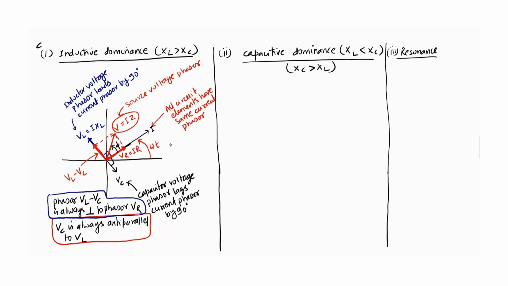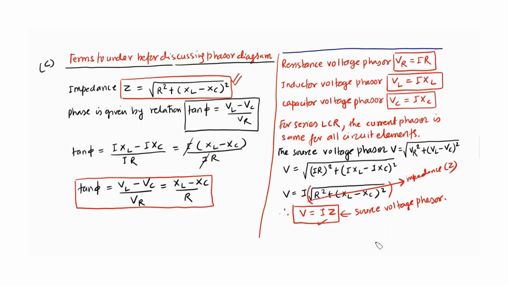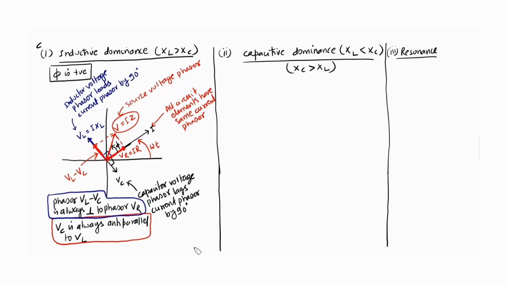We can see that for inductive dominance we get phi positive. So this is about inductive dominance.